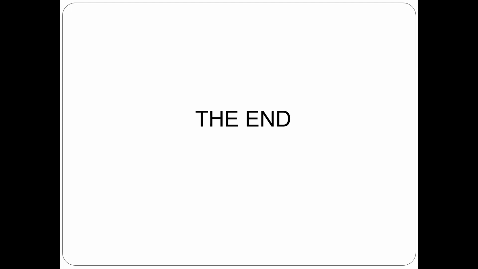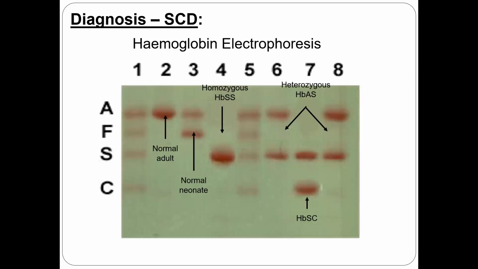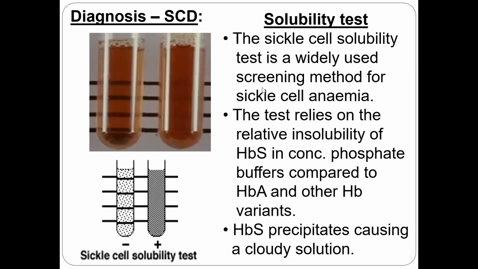When we looked at the test here, the S precipitates, so it is very less soluble. If you want to rank the solubility, A is more soluble, C is relatively soluble, S is less soluble, because the changes are different for each of them.